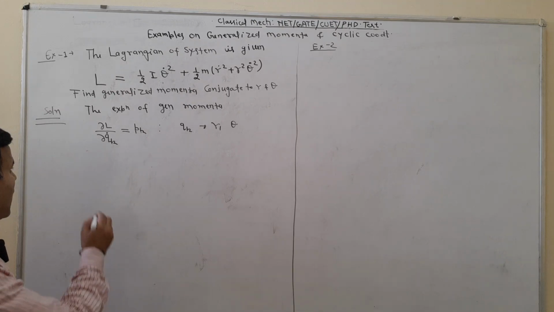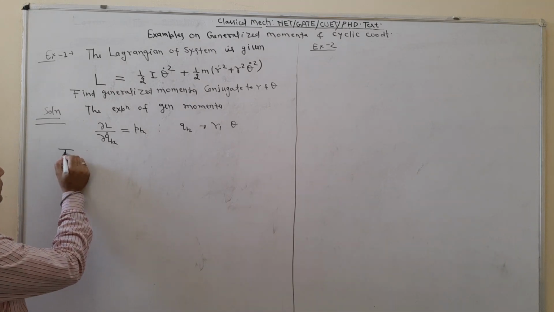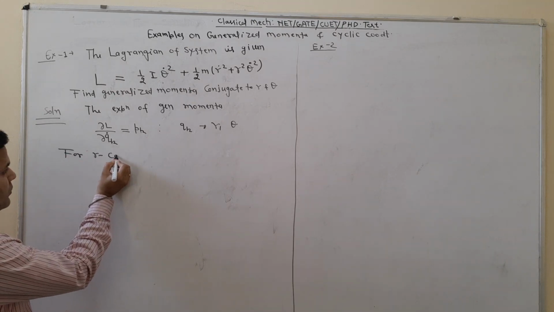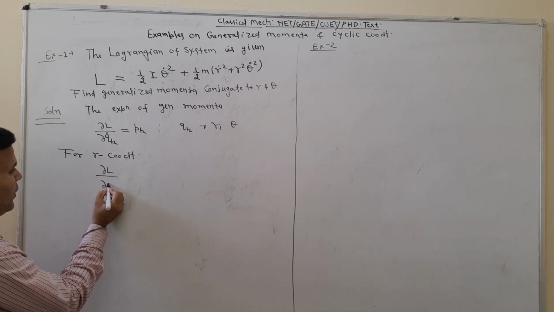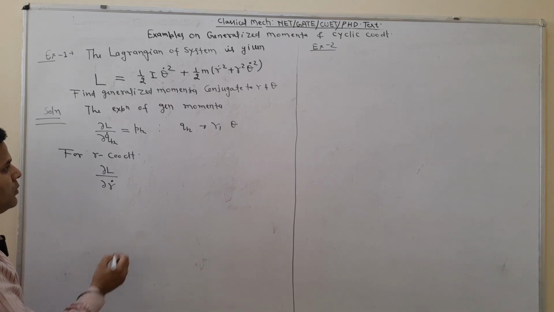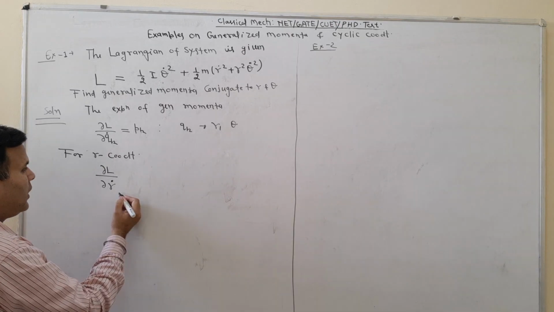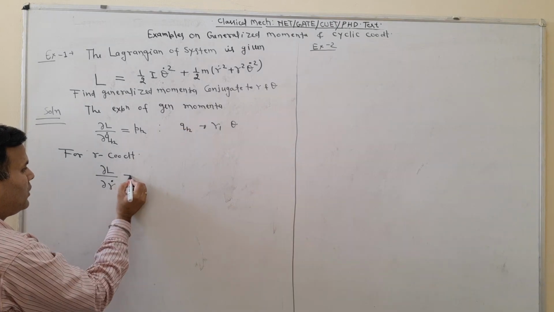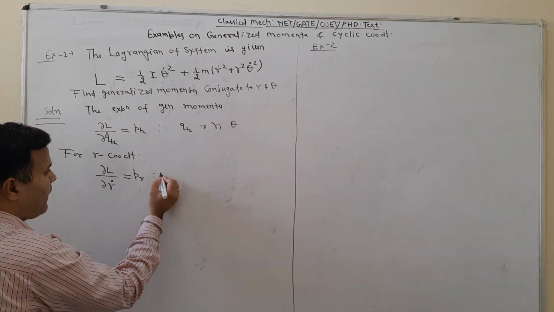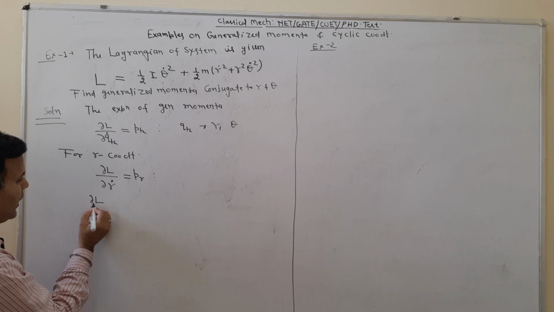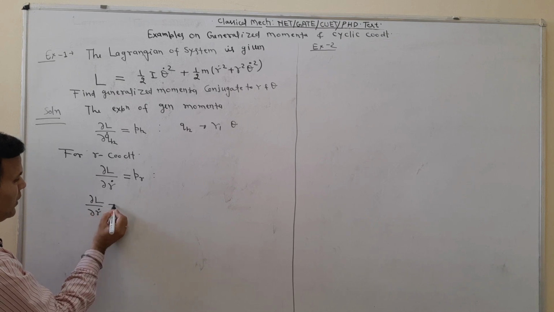So for the r coordinate, our generalized momenta is simply del L upon del r dot, because our Qk is r. So this is PR. Now what is our del L upon del r dot?